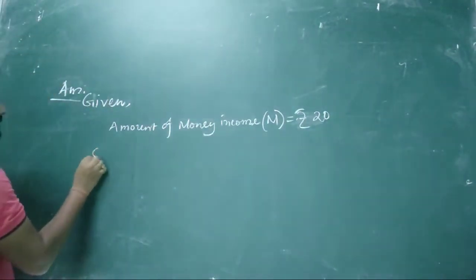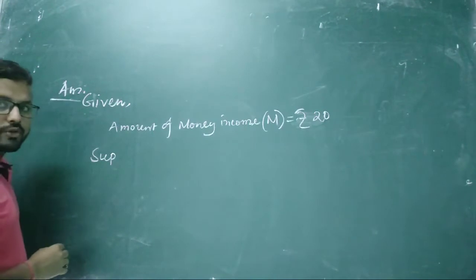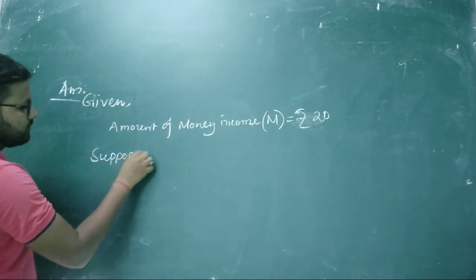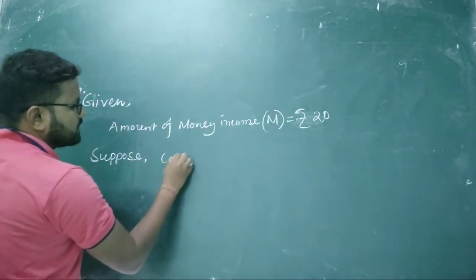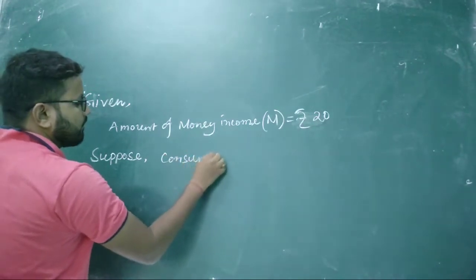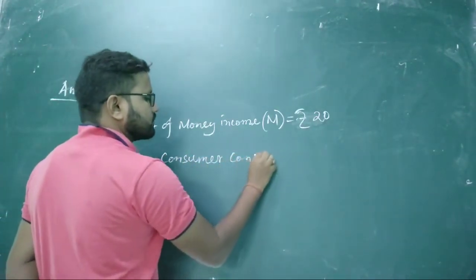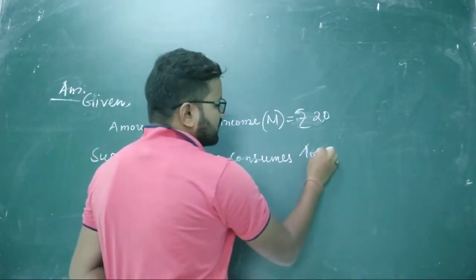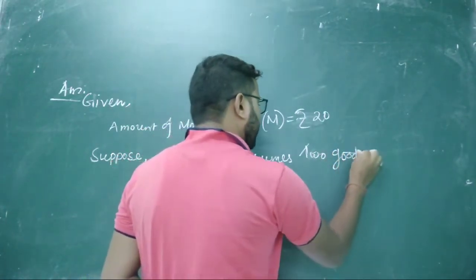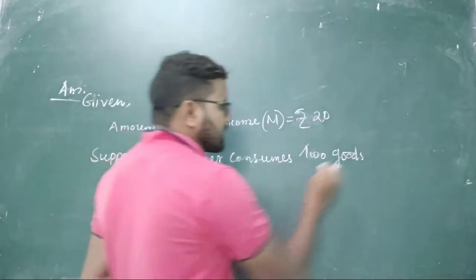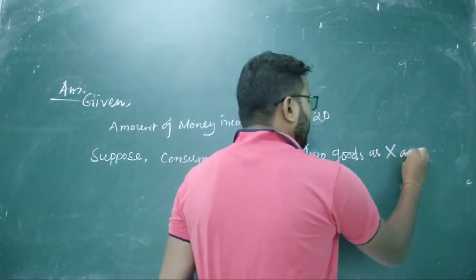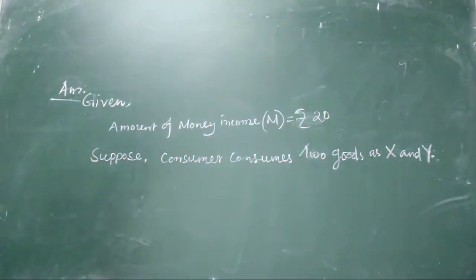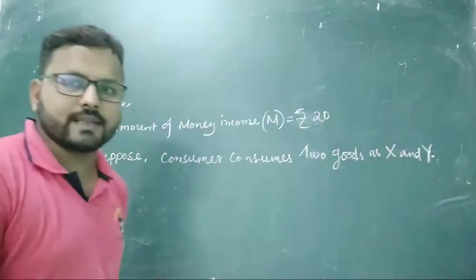Firstly, you write down, suppose, so you have to assume the goods names as X and as Y. Suppose the consumer consumes two goods as X and Y, capital letter X and capital letter Y. We have assumed that the consumer consumes two goods as X and Y.